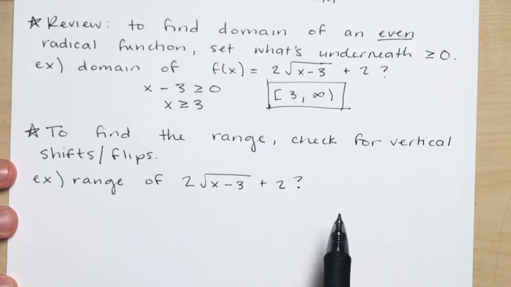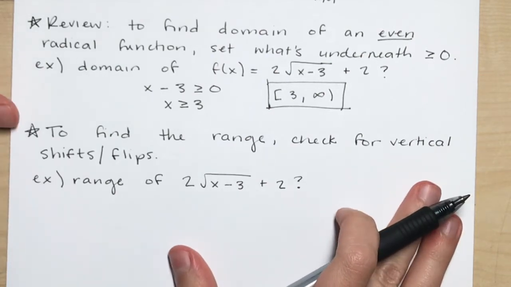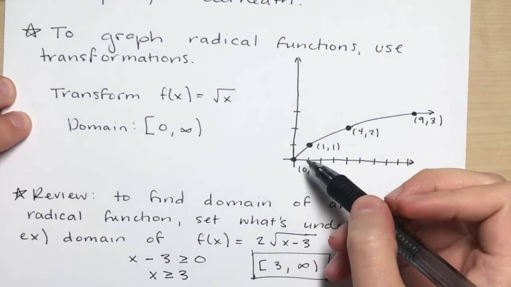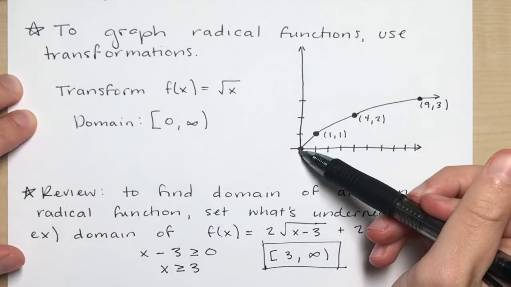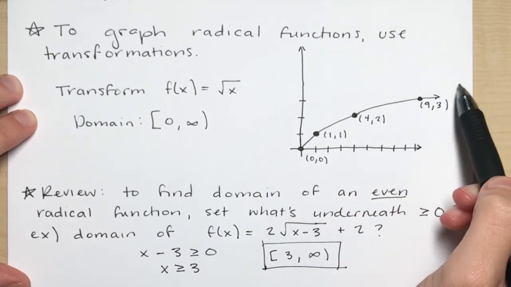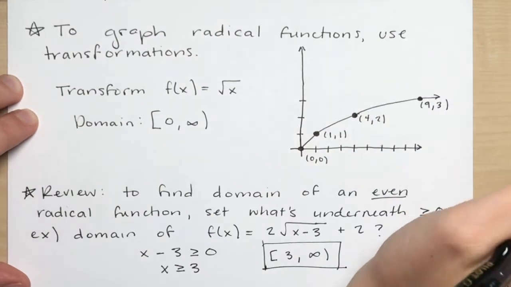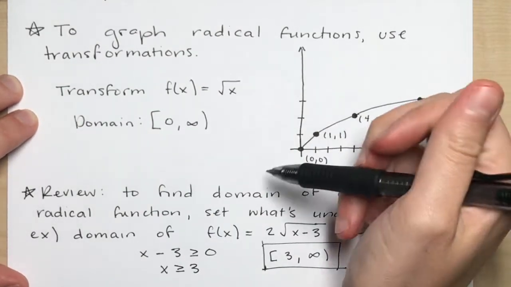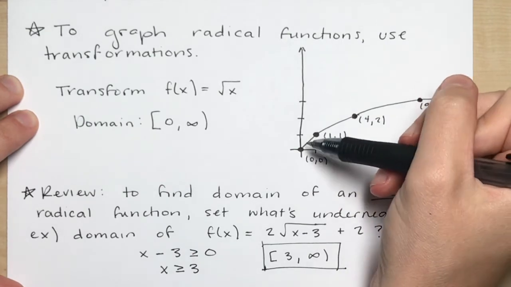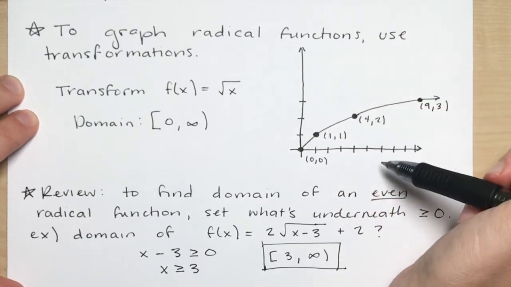Our range of just the regular old function, remember, if we look back at it, goes from 0 to infinity, right? Even though it's getting large slowly, it's going to hit every number at some point. We might have to go really far, but it's going to continue to infinity. So if we're stretching, does that do anything?